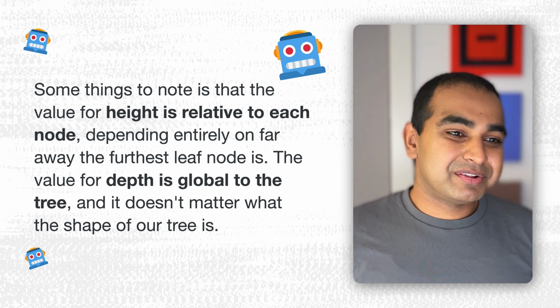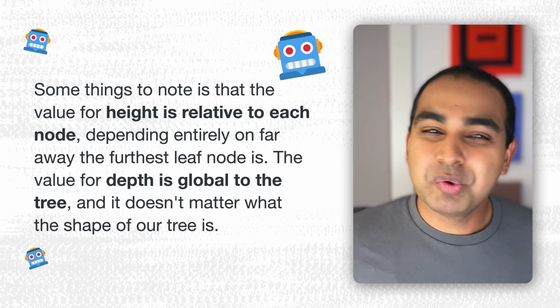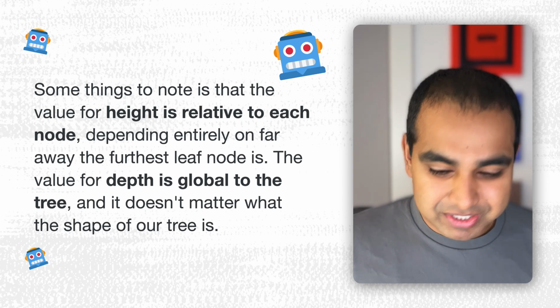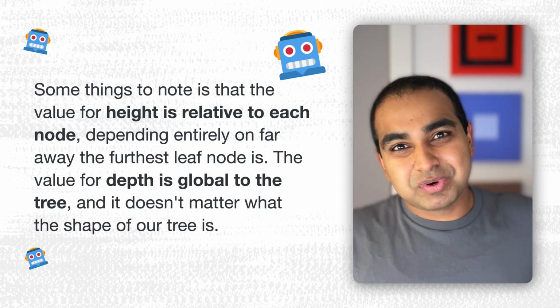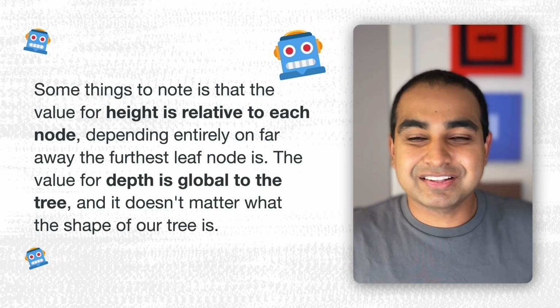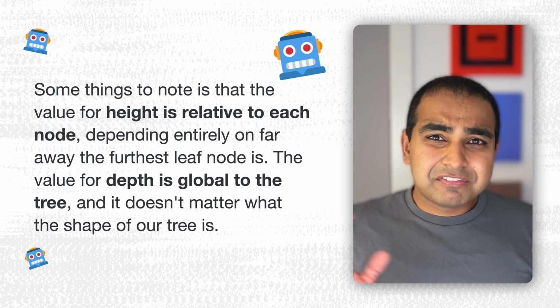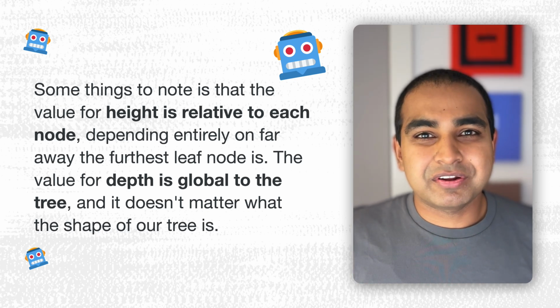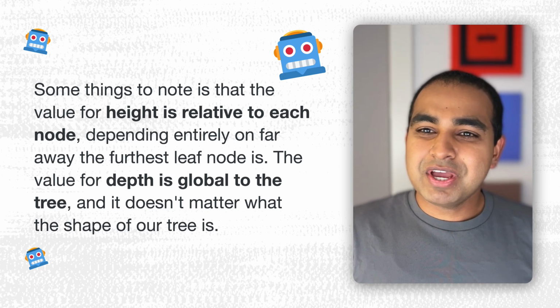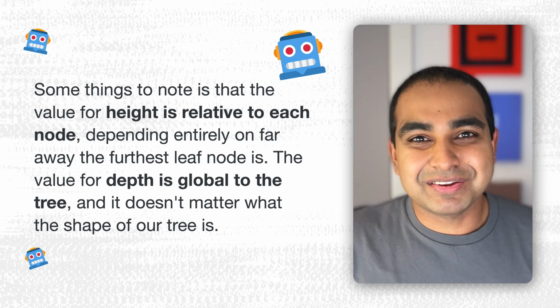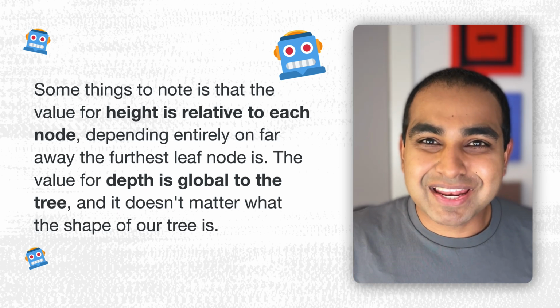So between all of the things we saw earlier, parent, child, sibling, root, and now height and depth, you have a nice bag of words that you can use to describe any node on any part of the tree.